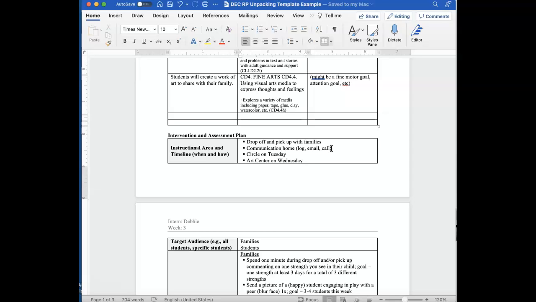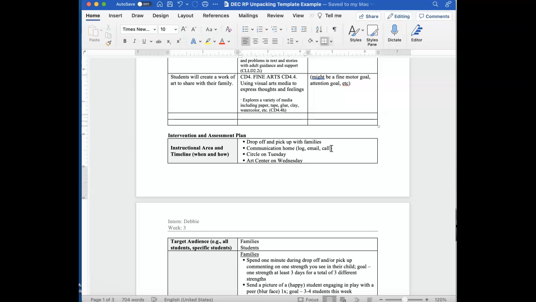I might send them an email. I might call them. I would choose what method of communication I use in my classroom. For me, I used to use a daily communication log. I probably would make a phone call home because it's still the early weeks of school and I want to build those relationships. So you'll see how that plays in when we get into the strategies.